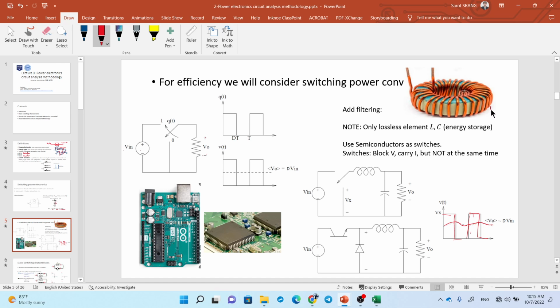And here is the inductor. It's a kind of energy storage that can store energy in the form of rotating magnetic flux, just like rotating a flywheel.